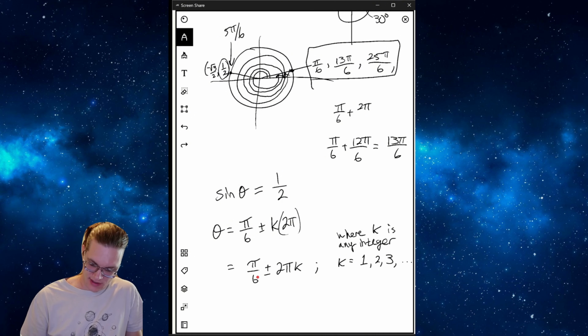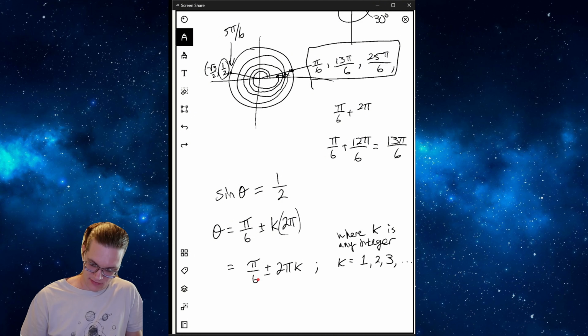The way you read it is theta for this equation equals pi over 6 plus 2 pi k, where k is any integer, and I have the plus or minus because it's saying, okay, we have this pi over 6, and then if I want to do the plus 2 pi, that'll be plus 1 full rotation will bring me back to the same spot that I'm at.